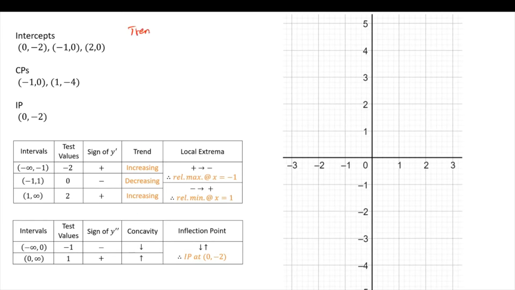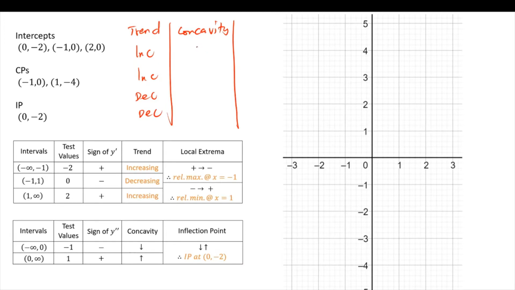So say this is the trend, and this is the concavity. For the trend, we have increasing, then decreasing. If an increasing function is combined with a downwards concavity, then the graph will look something like this one.